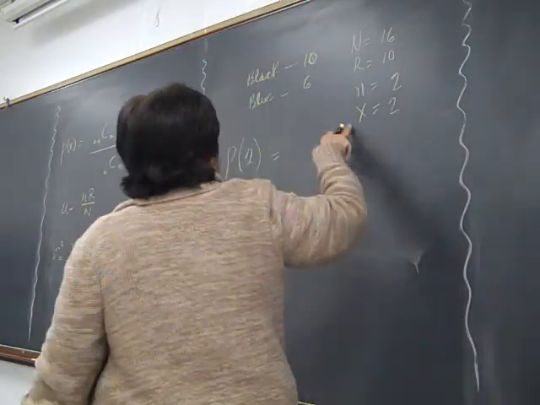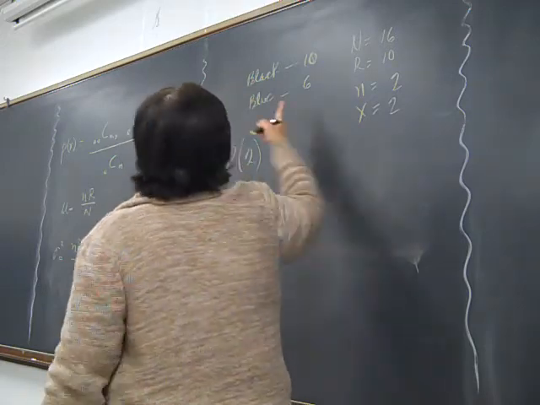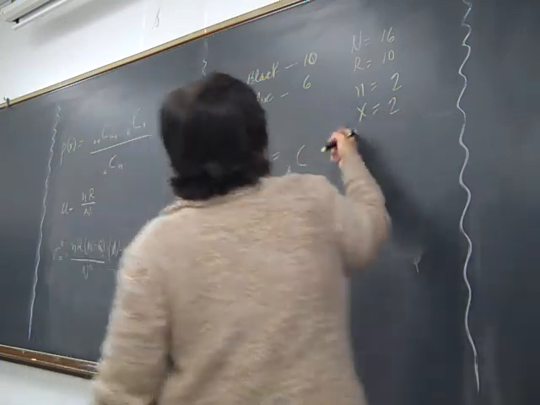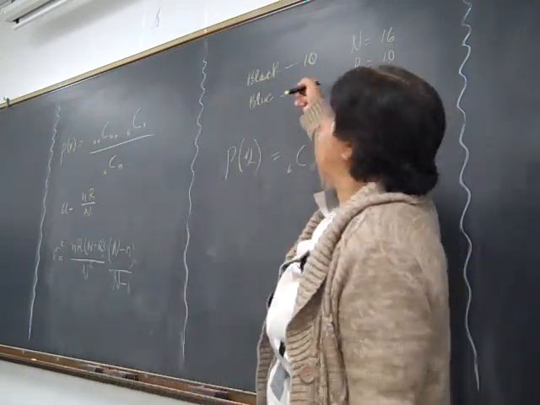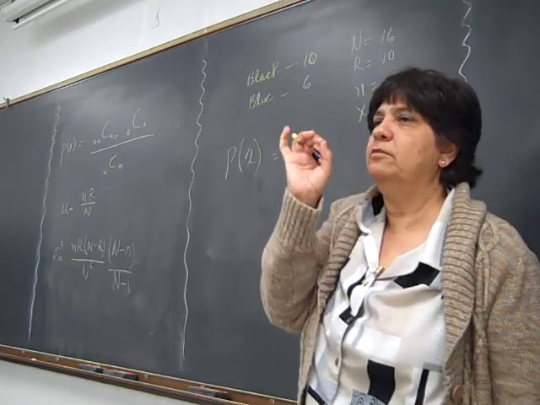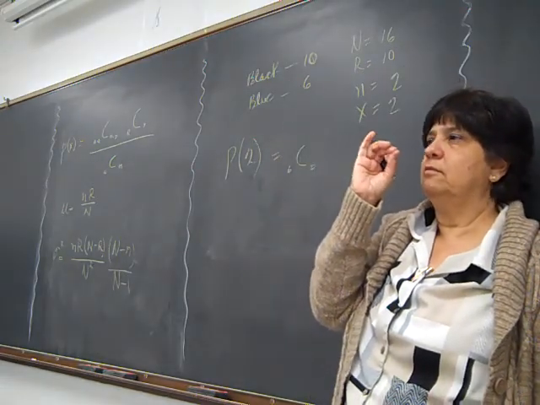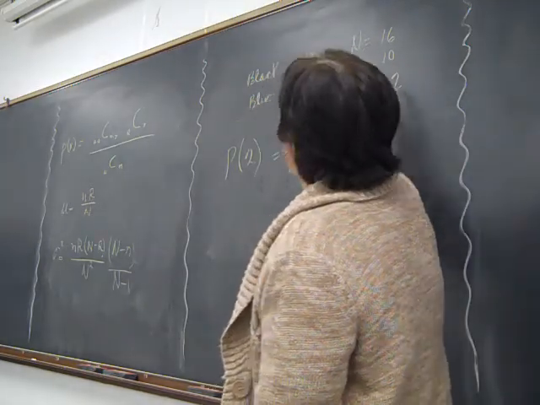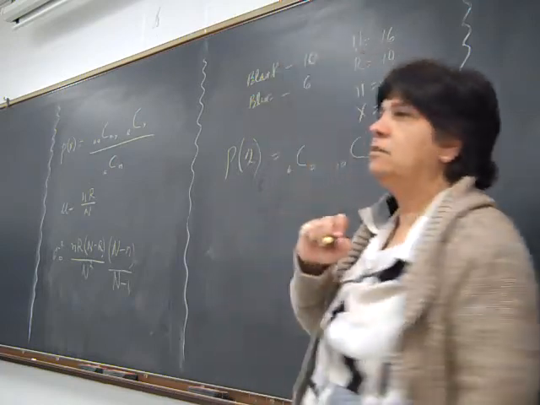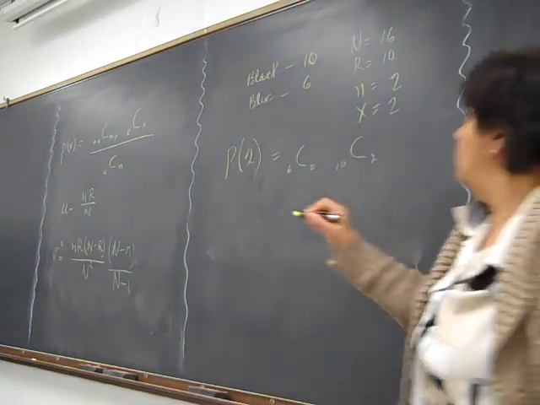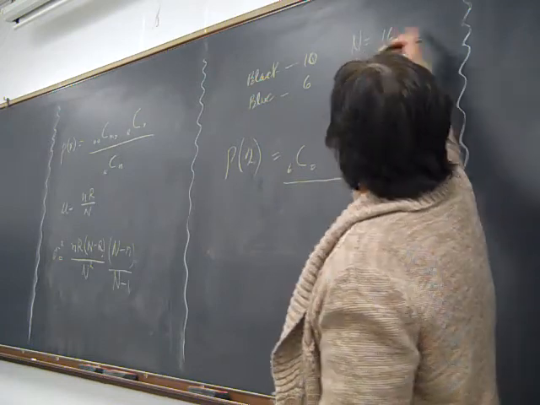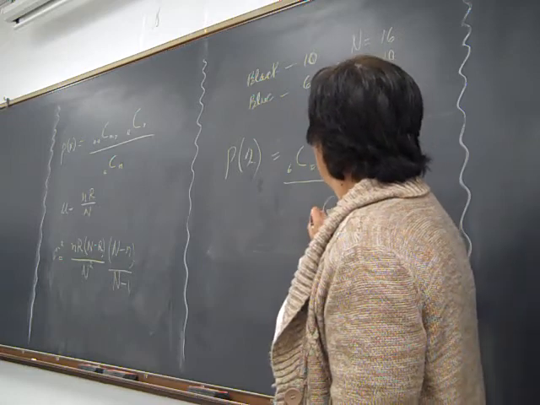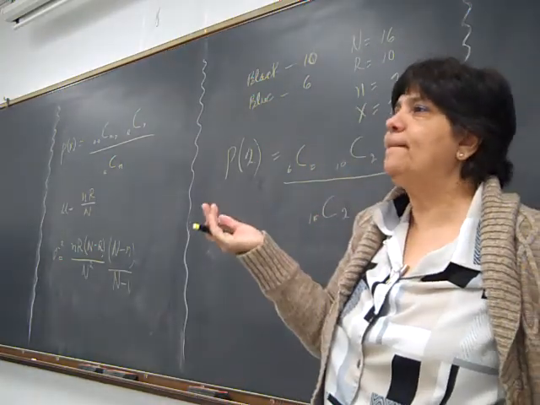The probability of 2, guys, 2 is my X. So N minus R, 16 minus 10, is 6 combinations N minus X, 0. From the 6 blue, I want to choose 0, times R: from my 10 black socks, I want to take 2, divided by the total population of 16, combination 2.